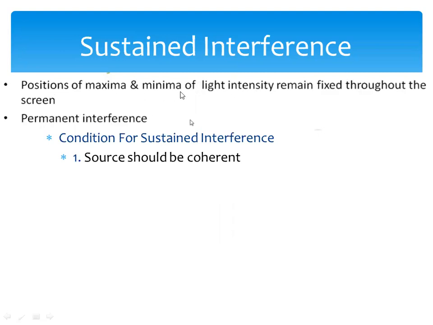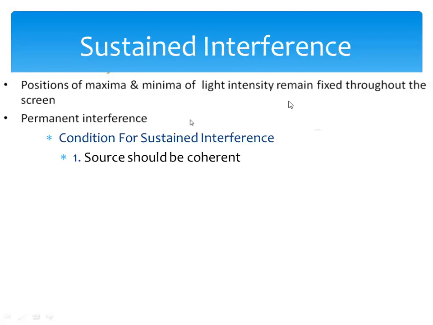The position of maxima and minima of light intensity remains fixed throughout the screen. Remains fixed throughout the screen means you can see one dark band, one bright band like this throughout the screen. You can see the intensity: at the maximum, the central bright band will be there, and toward the edges it goes down slightly, and the intensity will be minimum.